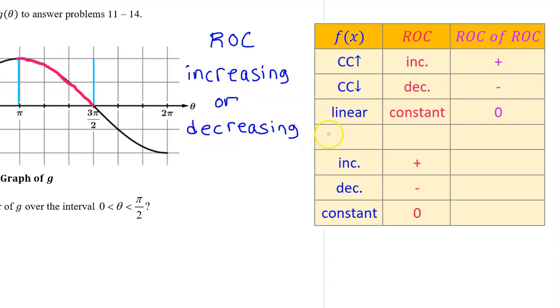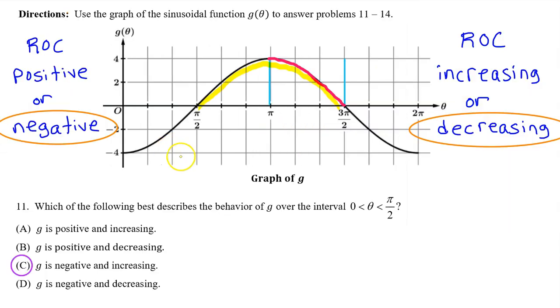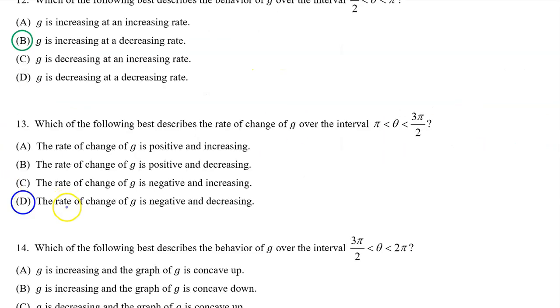But we have learned that the rate of change will be increasing if g is concave up, and decreasing if g is concave down. Since g is concave down on this interval, the rate of change is decreasing. Putting it all together, the rate of change is negative and decreasing on this interval. So the answer is D.